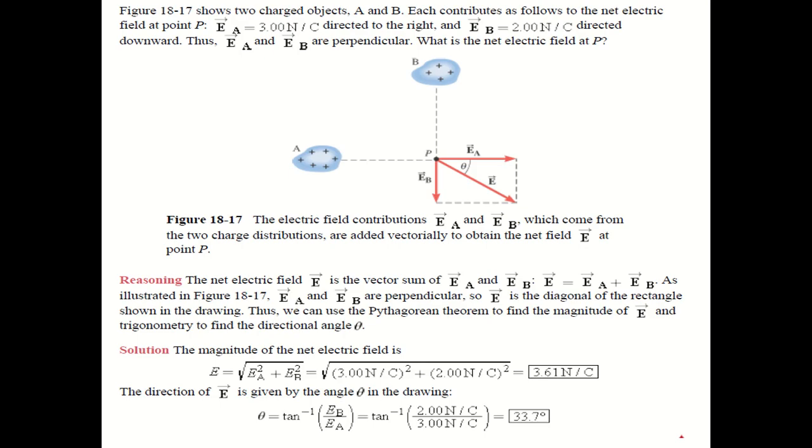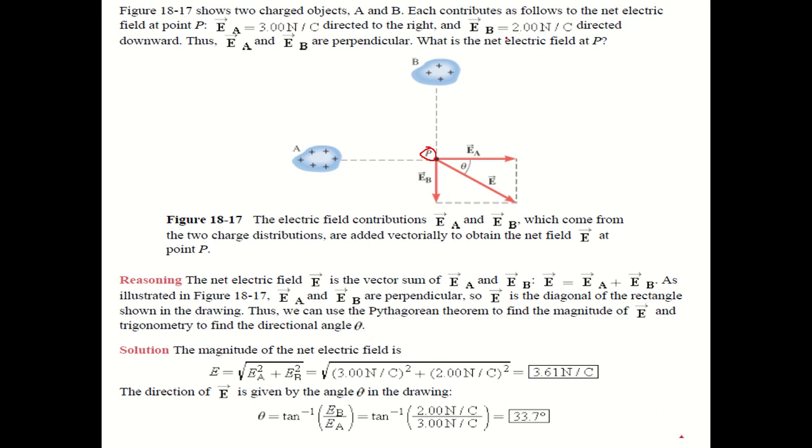Now to continue. In this illustration in figure 18-17, it shows two charged objects A and B. They contribute as follows to the net electric field at point P. This is point P. The electric field of object A is equal to 3 Newton per coulomb directed to the right.